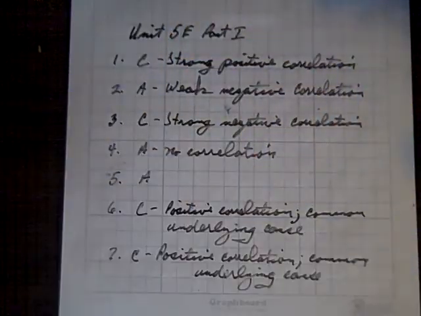So it's going to be a weak negative correlation, and that's A. Negative because it slopes down as we go left to right, and weak because the points are scattered about, not close to the line.